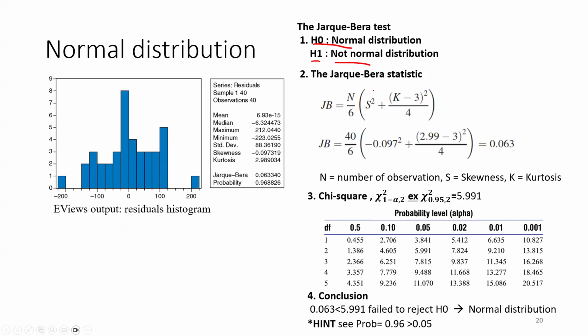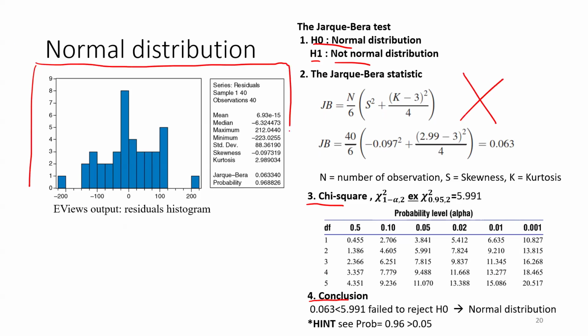Then the second step, they choose this test, which we do not need to know. Third, they choose a chi-square test and then they make a conclusion. Do not be serious about the test, but you have to know how to read the output.